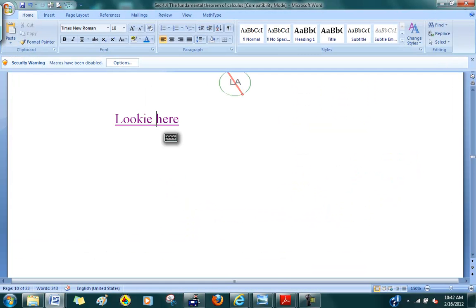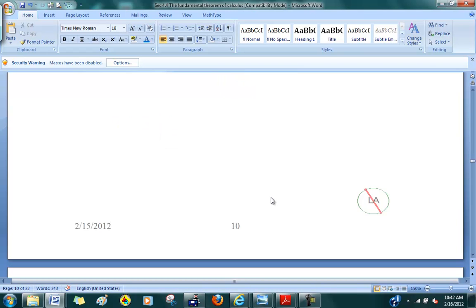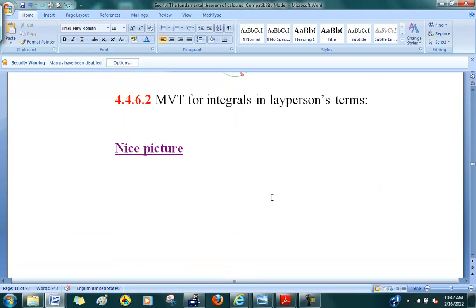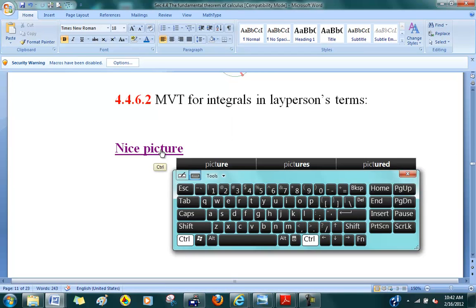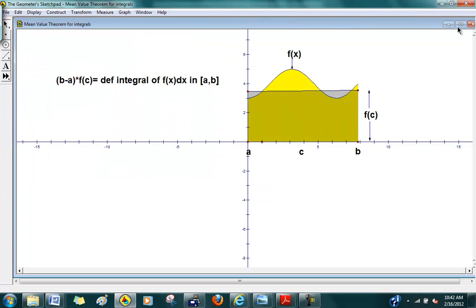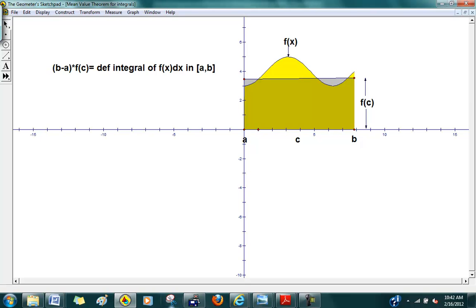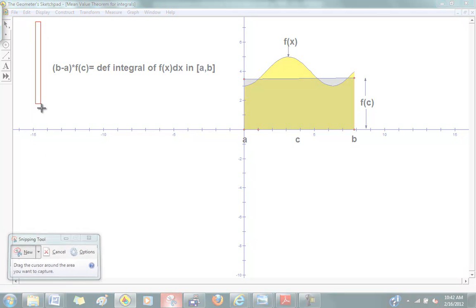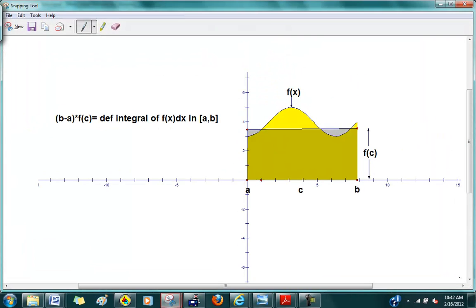Well, what does the mean value theorem for integrals look like then? So here's another picture, and this is what the theorem looks like, pictorially at least. Let me explain to you what it means.